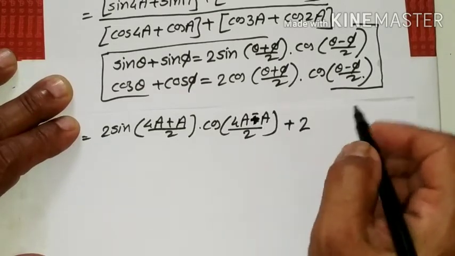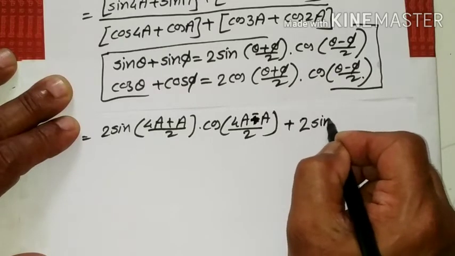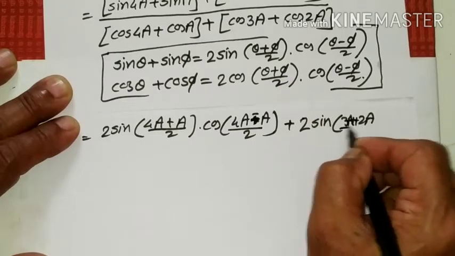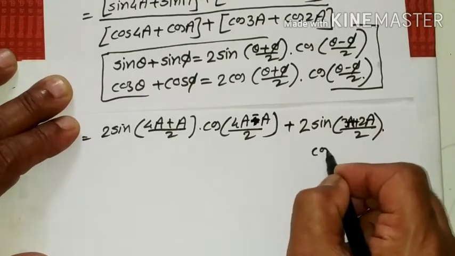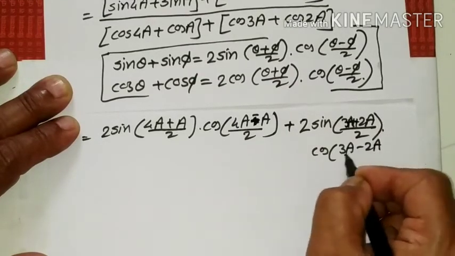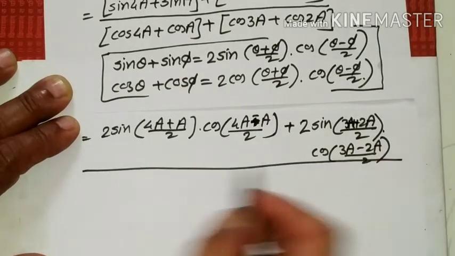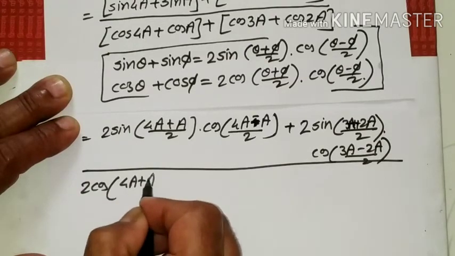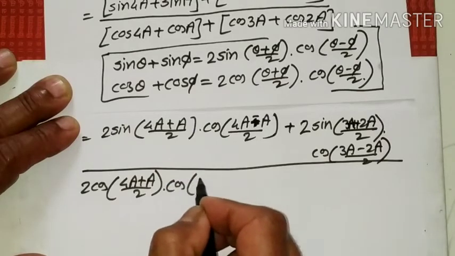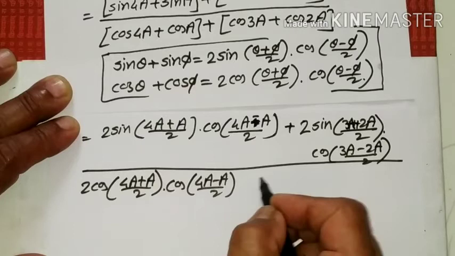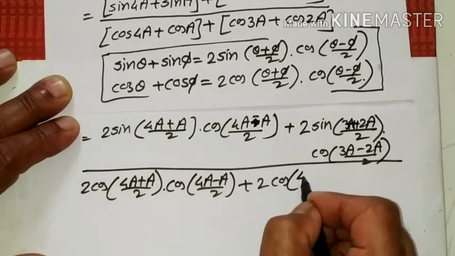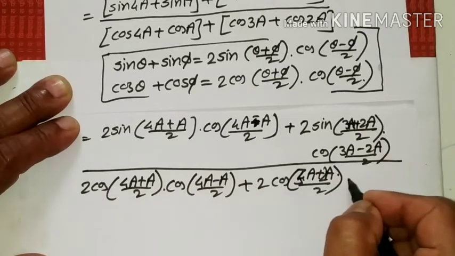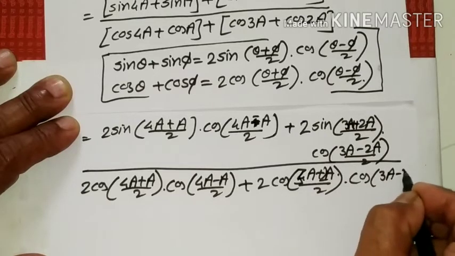plus 2 sin((3a plus 2a) divided by 2) into cos((3a minus 2a) divided by 2), whole divided by 2 cos((4a plus a) divided by 2) into cos((4a minus a) divided by 2) plus 2 cos((3a plus 2a) divided by 2) into cos((3a minus 2a) divided by 2).